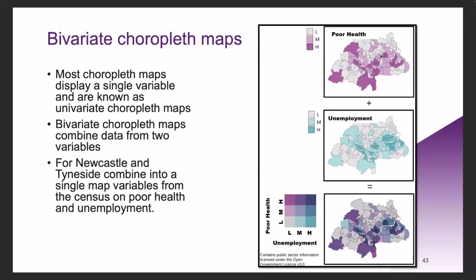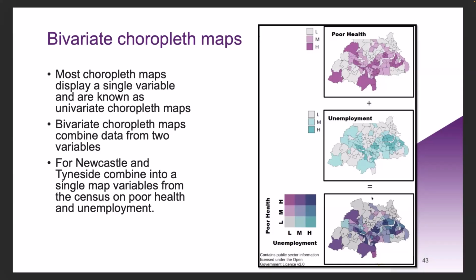In poor health, low percentages are in grey, and as poor health increases, it goes up to dark pink. Unemployment, low unemployment grey, high unemployment dark cyan.